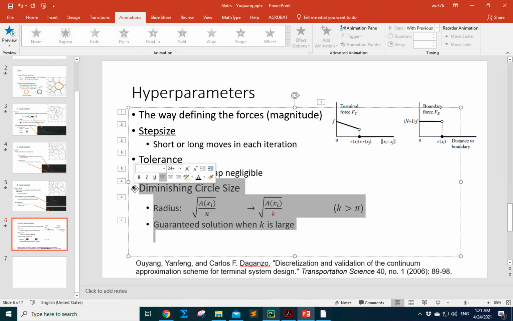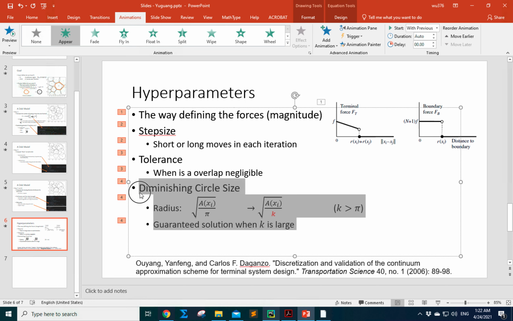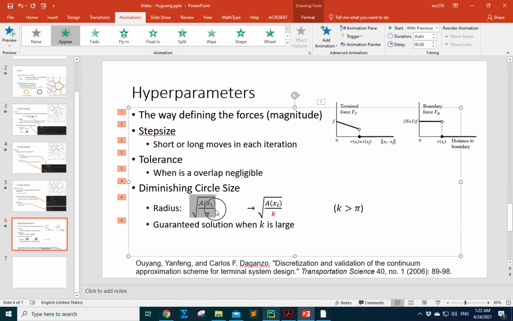And next, it's not guaranteed that we always reach a stable solution. So to guarantee a solution, we can reduce the size of the circle. Recall that the radius is given by the square root of a over pi.